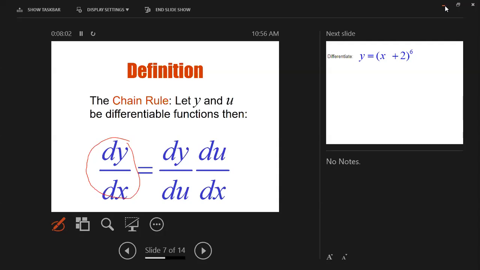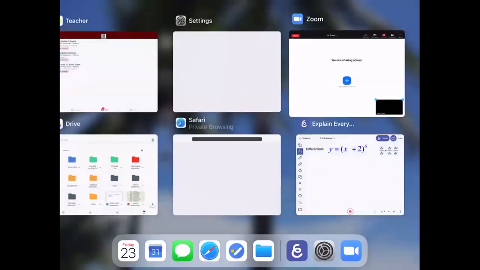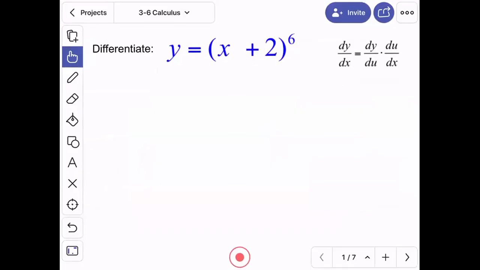So at this point, let's now take a look at an example. I want to take the derivative of, going back to that equation that I did before, y equals (x squared plus 2) to the 6th.